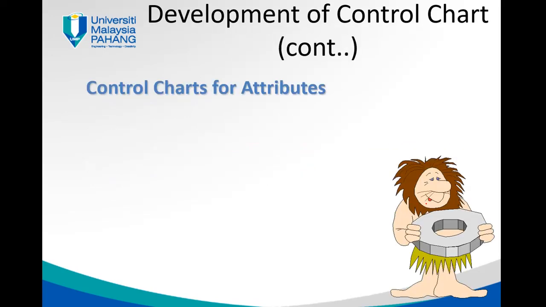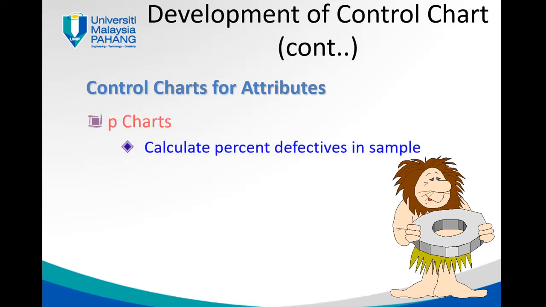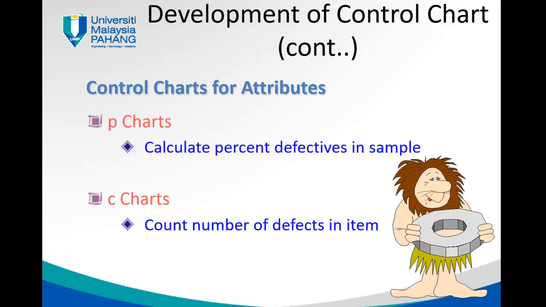Next is the control chart for attributes. For attribute data we use the P chart and the C chart. Attribute data is like yes or no, 1 or 0, accept or reject.